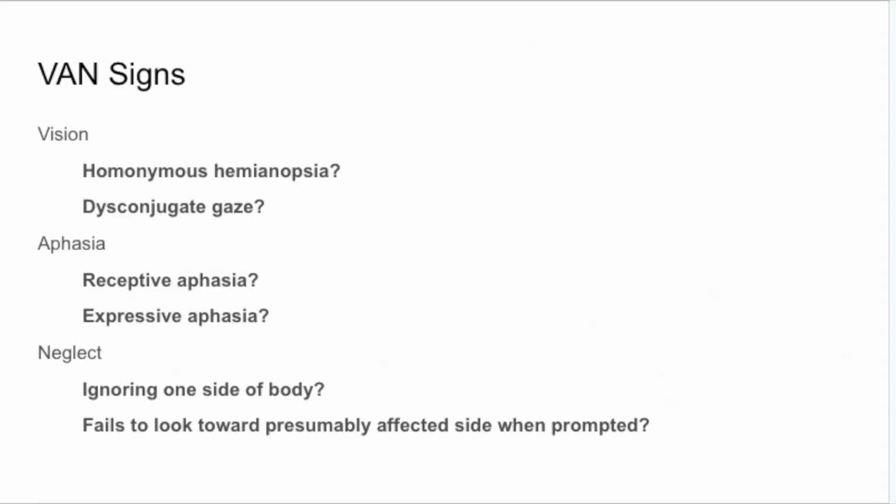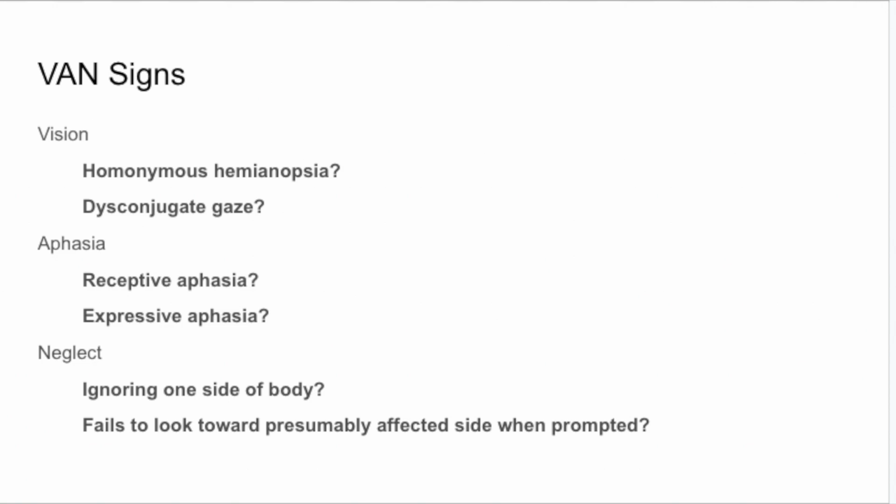So just to reiterate, the VAN testing is the testing implemented when there is concern for large vessel occlusion noted by either arm weakness or pronator drift appreciated. We will pursue VAN testing by looking at the patient's vision, looking for whether aphasia is present, and looking for whether neglect is present.